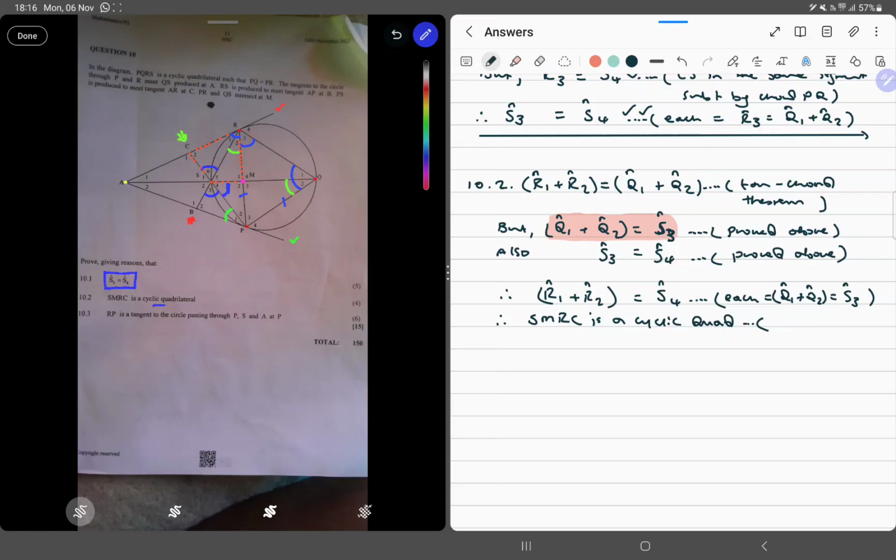Now what is the reason there? We can say this is the converse of exterior angle of a cyclic quad.